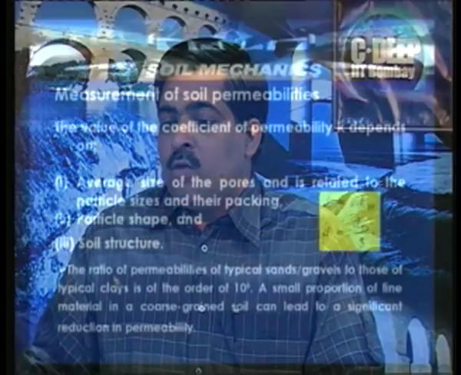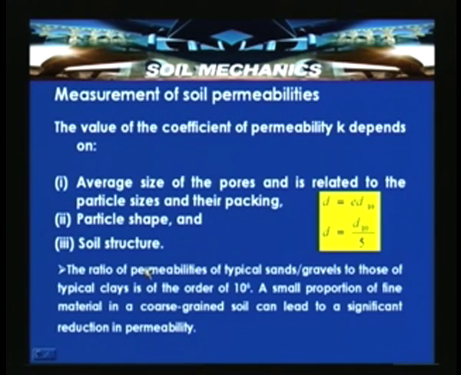So, here what we discussed in the previous lecture: the ratio of the permeabilities of typical sands and gravels to those of typical clays is of the order of 10 to the power of 6. As we have seen in the previous slide, clay and sand have a distinct difference in permeability values.